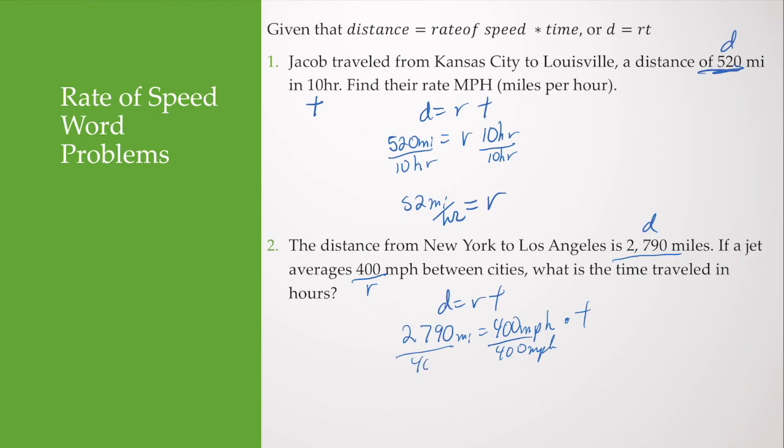I'm going to go ahead and divide both sides by 400. That's going to give me 6.96 hours is my time. Why don't we round that up to 7 hours is our time.